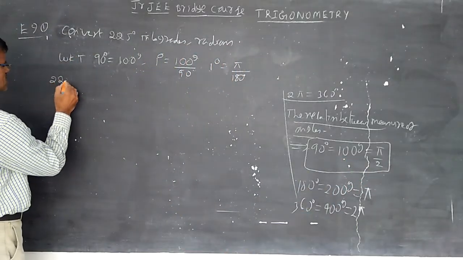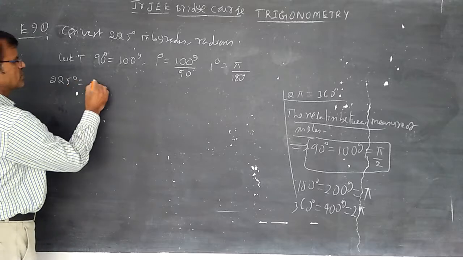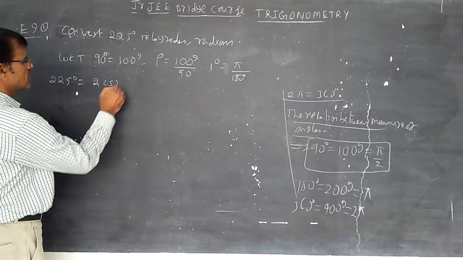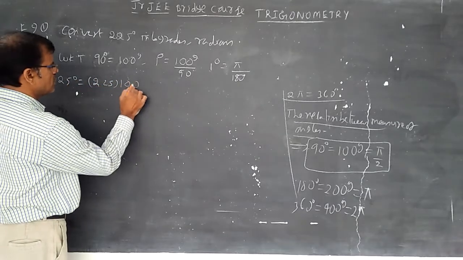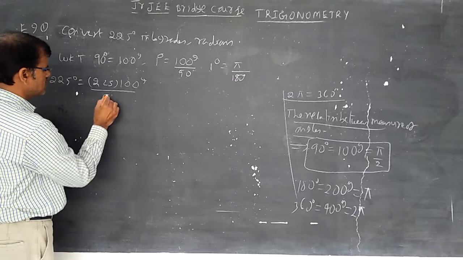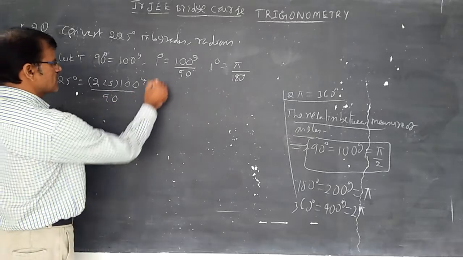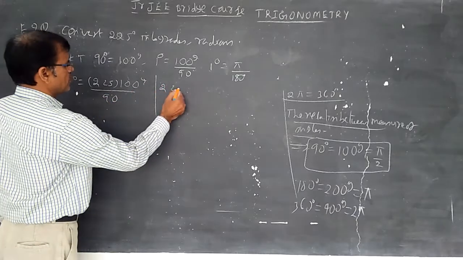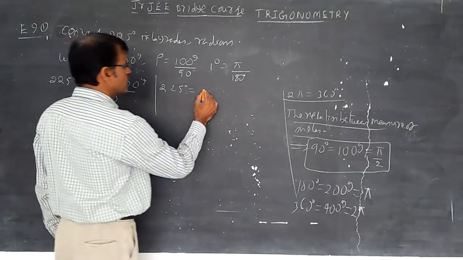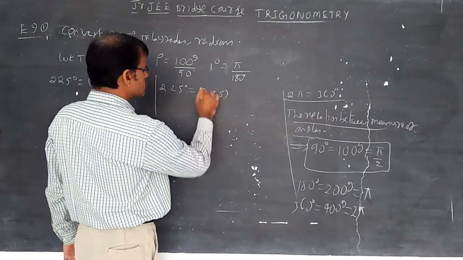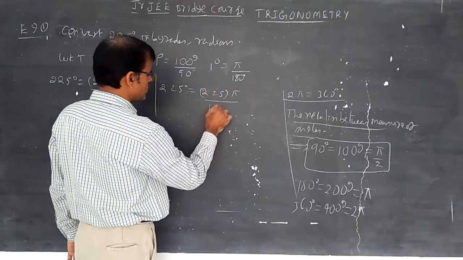Now you can understand here 225 degrees. So you can write 225 into 100 grades by 90. Calculate yourself, you will be getting 250 grades. Now you can write 225 degrees is equal to 225 into pi by 180.